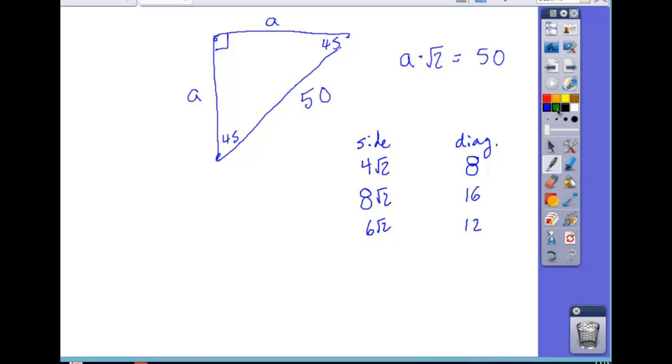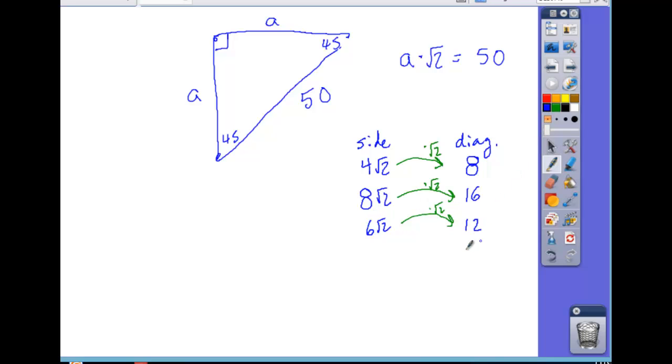So by now, you're noticing what we're doing here is, in each case, we're multiplying by the square root of 2. Square root of 2 times itself, these two factors, gives you 2. 2 times 4 gives you the 8. Well, the same thing's happening here. Root 2 times root 2 is 2. 2 times 8 is the 16. Here, root 2 times root 2 is 2. 2 times the 6 is the 12.